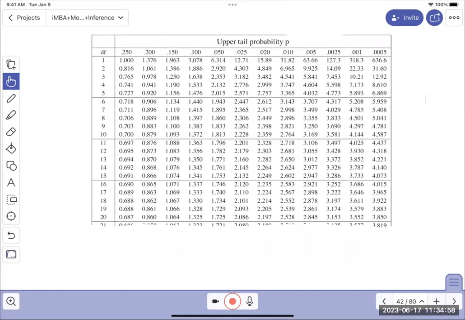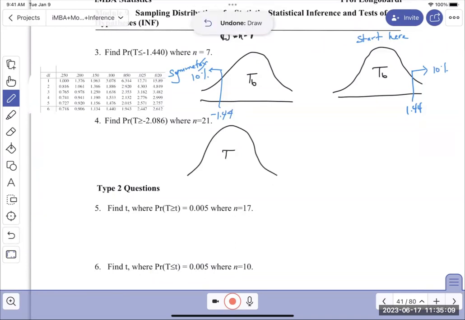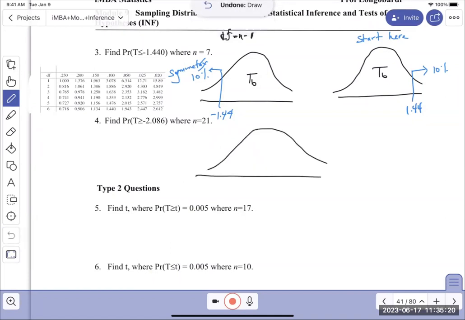All right, so what's the question? The question was, let's draw it. So I'm going to draw it with T20. And I want to go to negative. Oh, this is not a very good drawing. Let me do that again. So let's say I want to go to 2.086 negative.